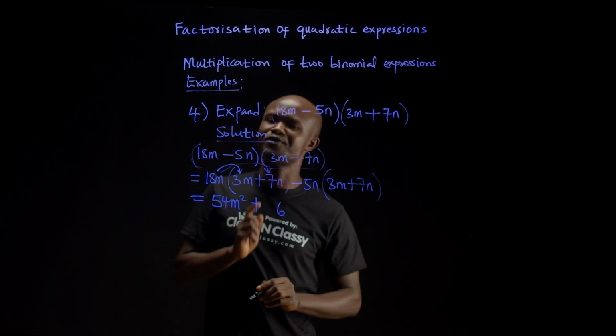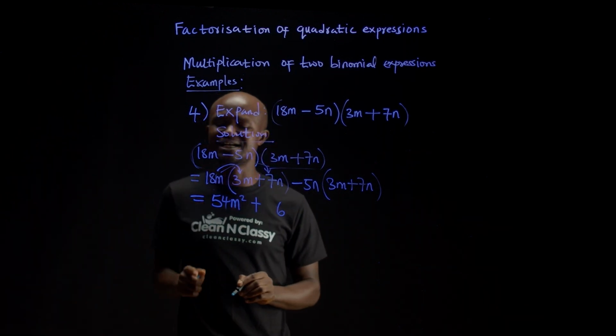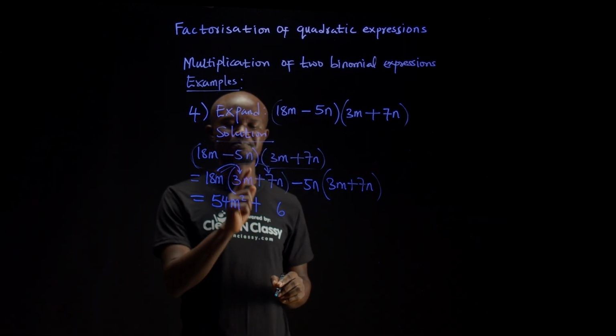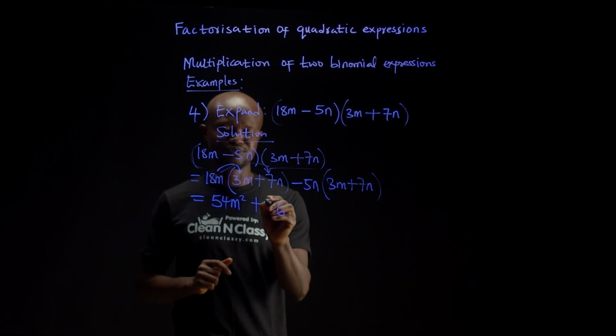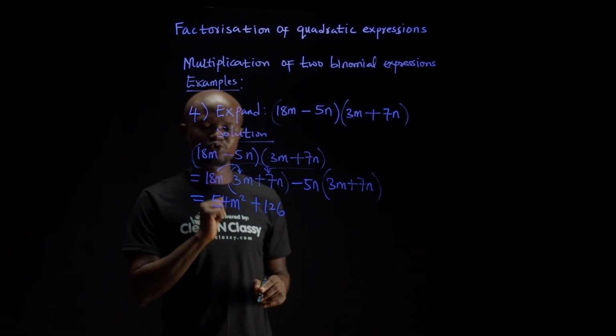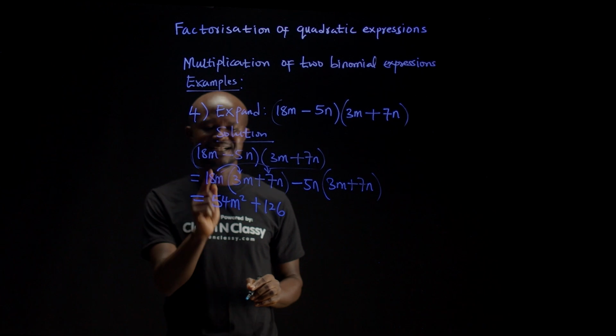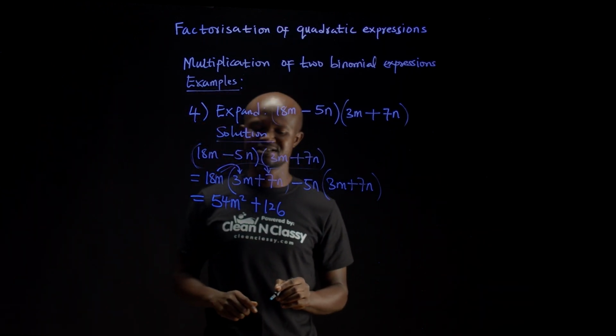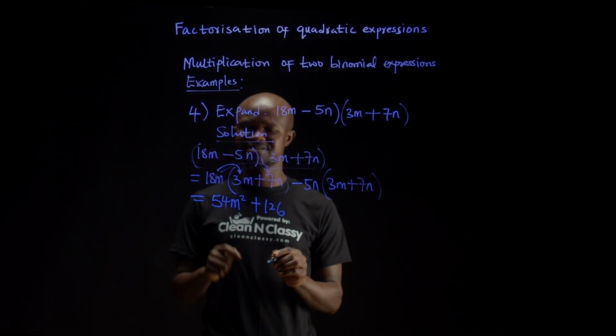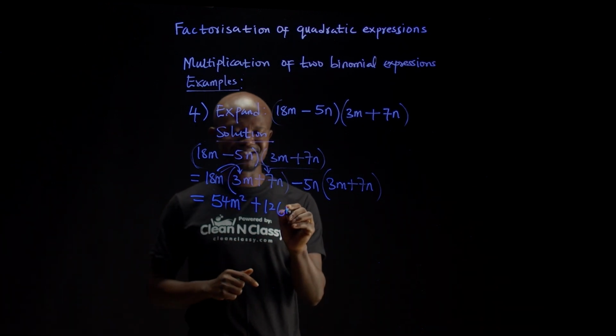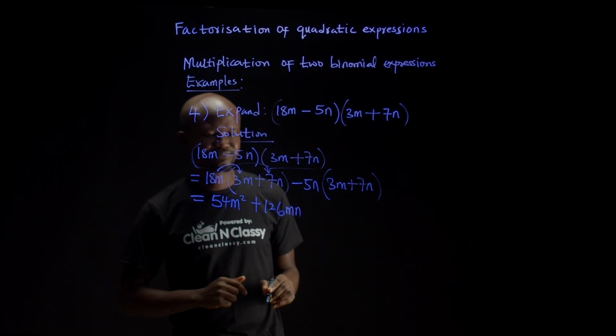Then we need to carry 5. 7 times 1, that is 7. 7 plus 5, that is 12. So we have that to be 126. So we have this to be 126mn.